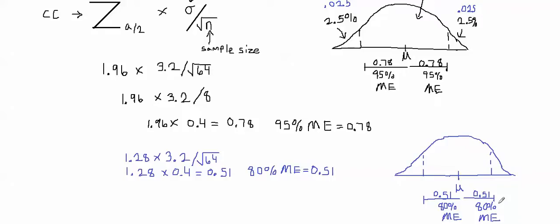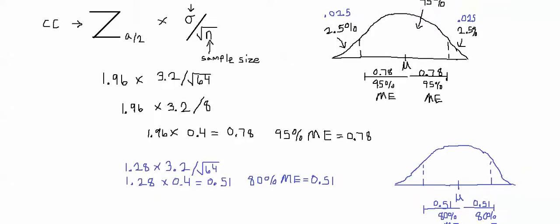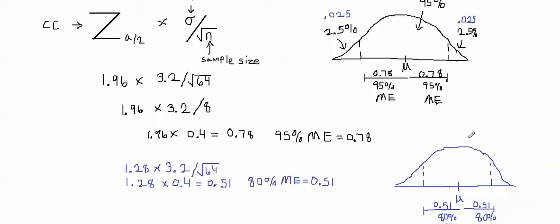Since it's the 80% margin of error, that means that 80% of the possible samples have a sample mean between these two boundary points. Back when we calculated the 95% margin of error, we found out that 95% of the possible samples were between the two boundary points.